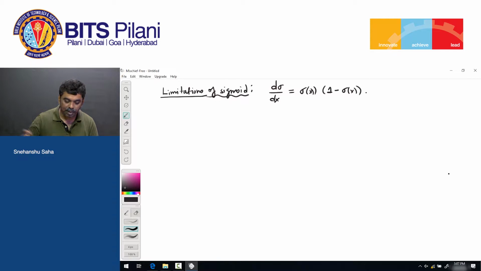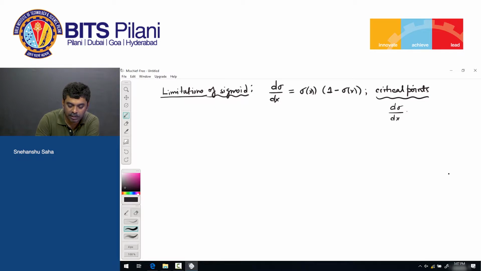If you do a critical point analysis of this particular activation function, the critical points are where the function has to be 0 or it has to be 1.